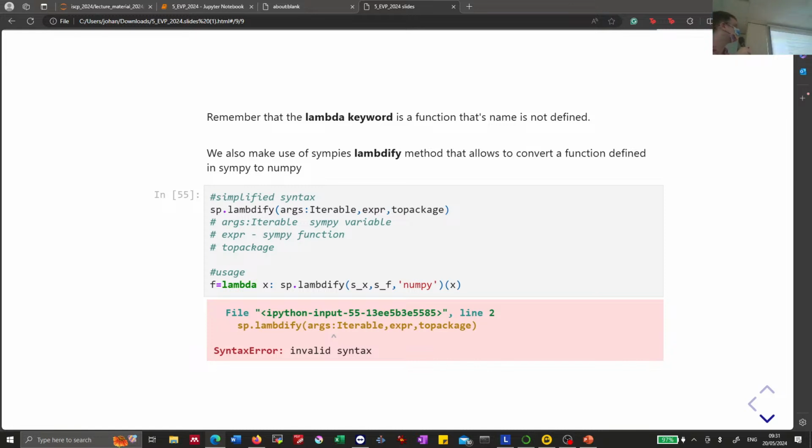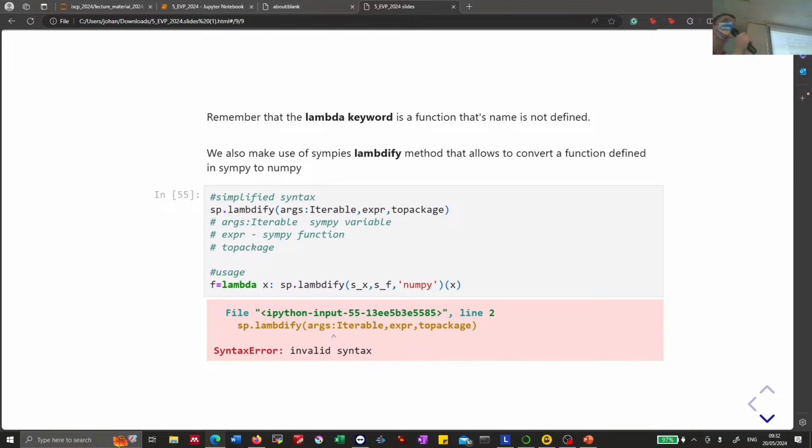Here, as a reminder, is the lambdify syntax: the iterable expression and the package we want to give it to. So in our case, the function we want to have is lambda x, evaluated with lambdify: the symbol, the function, and communicate it with NumPy.